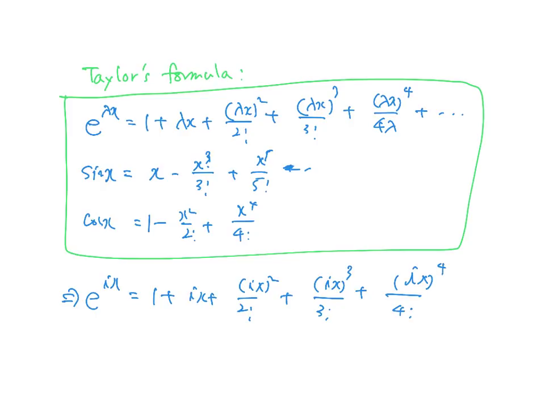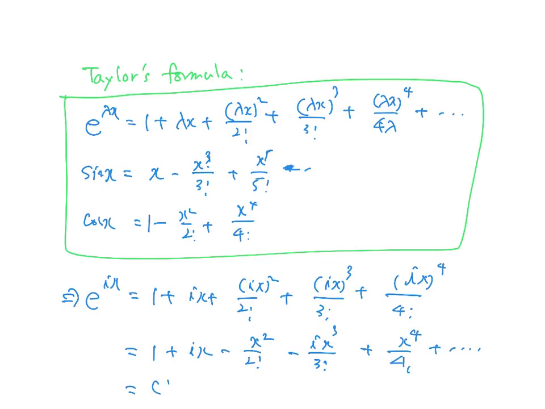So it becomes 1 plus ix, and i squared is minus 1, right? So minus x squared over 2 factorial, minus i x cubed over 3 factorial, and plus x to the fourth over 4 factorial, and so on.